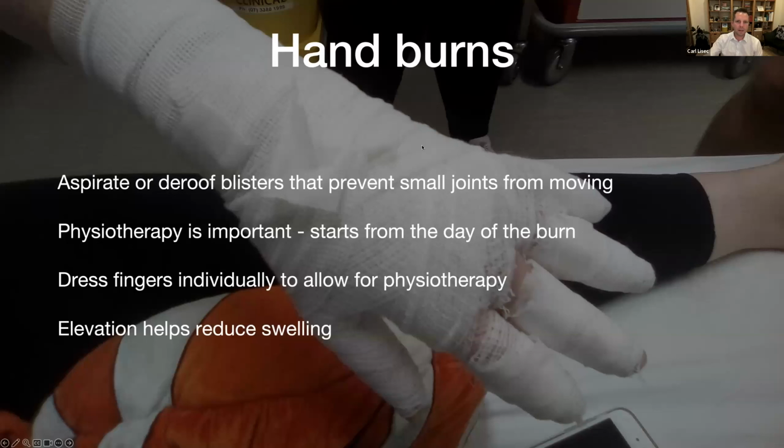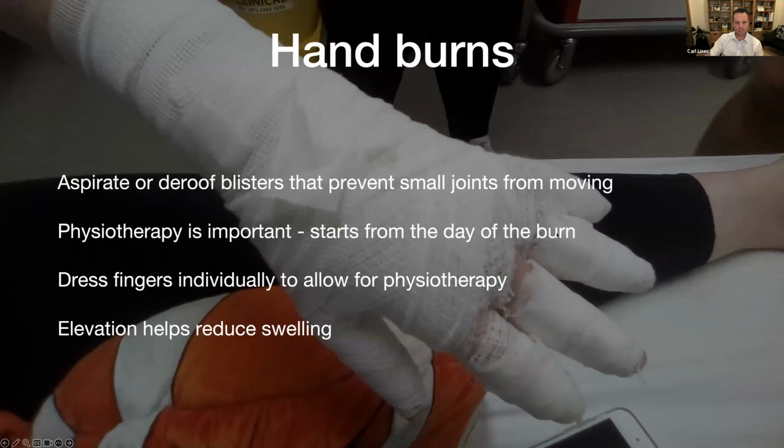For hand burns, it's important you dress the individual fingers, not make a mitten kind of dressing, because by individually wrapping the fingers, you can still get the patient to do their physiotherapy and hand exercises. We haven't really talked too much about blisters, and maybe there's some questions at the end about that.